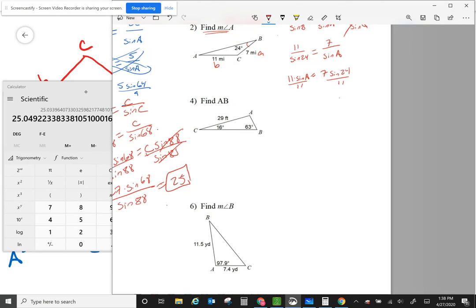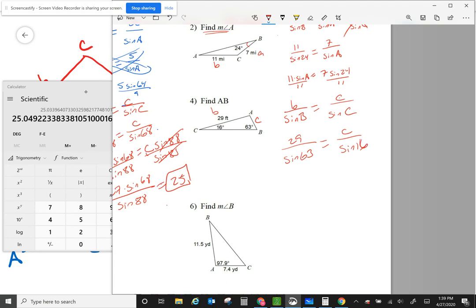Now, for question number 4, we must solve for AB, which is little c. You notice I have side B and angle B. I have angle C and I'm looking for side C. I remember that B over sine of B is equal to C over sine of C. So I'm just going to say that 29 over sine of 63 is equal to C over sine of 16.